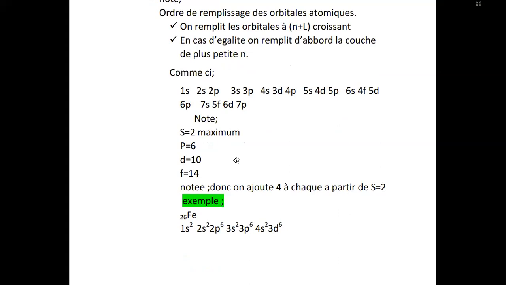N is equal to 1, N minus 1, L is equal to 0 under S. Then N is equal to 2, N minus 1, L is equal to 1 under P. So you just have to know it in your head, and you never find any difficulties in writing the electron configuration of any atom which you are given. Most of the times they just end on D.